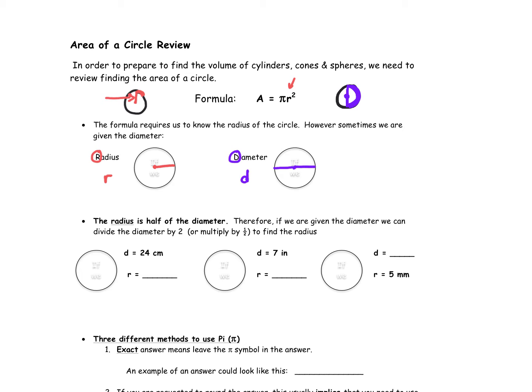So that looks like a D for diameter, and it also has a diameter in it. So that's her trick for trying to remember what the radius and what the diameter is.